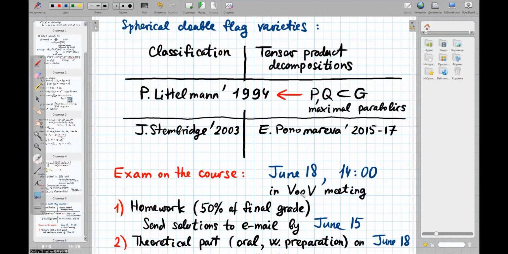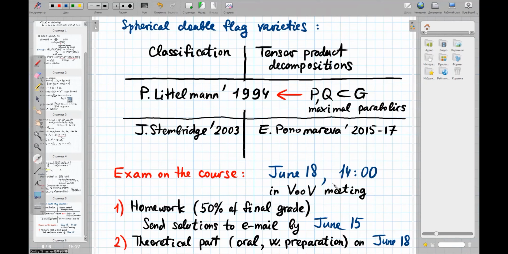You will receive one question from this question list for preparation. So you have to tell me everything about this question. If there are some theorems, you have to tell me what these theorems are with the proofs. I assume that you will also explain the proofs of the theorem. But for this, I will give you some time to prepare.